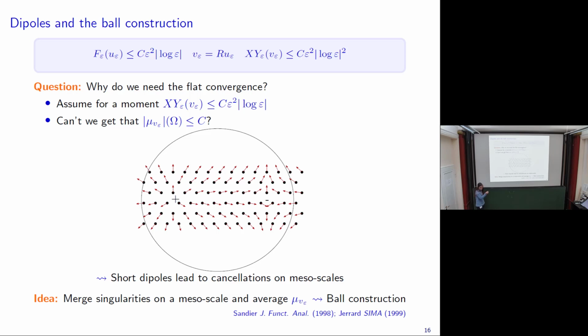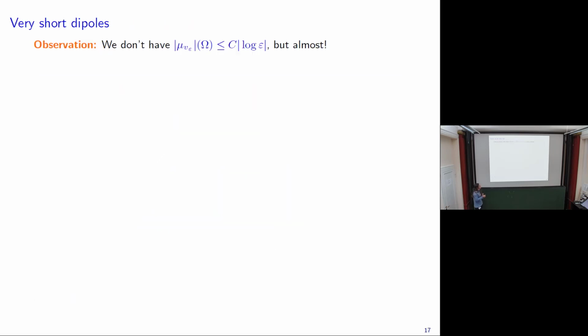That we don't have. But let me conclude by saying that although we don't have it, we almost have it in the following sense. So actually what you realize is that the bad situation is when you have two neighboring triangles with chirality close to -1. Here I depicted it with chirality -1, which you will immediately deform into a very short dipole.